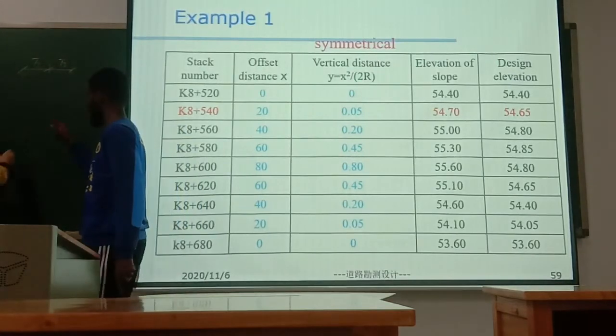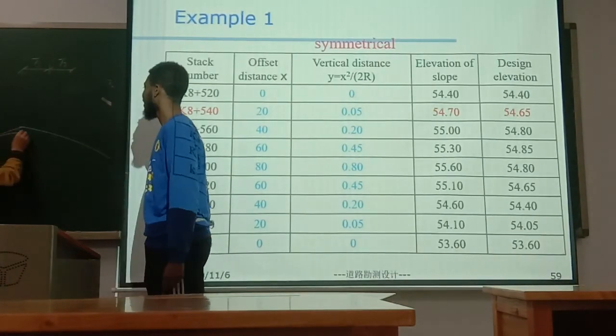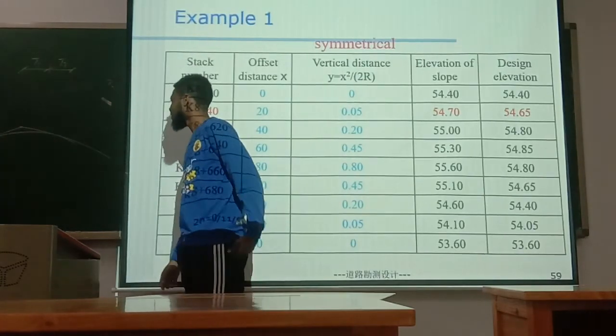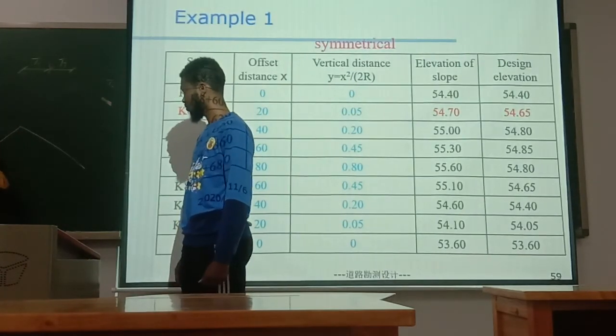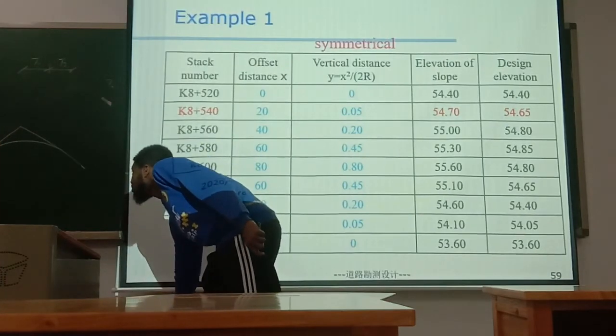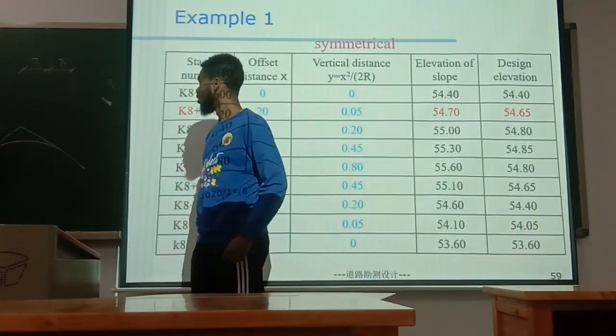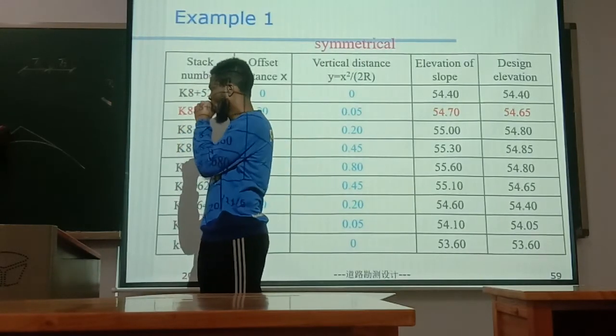For example, it's X. This is the slope line or tangent line.